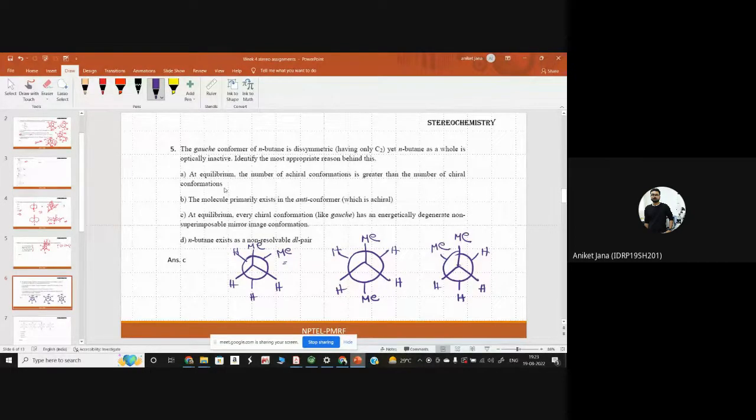No, sir. The first statement is not true, because it is already stated that n-butane as a whole is optically inactive. If the number of achiral conformers were higher, then it would be optically active. So this is not the right option.